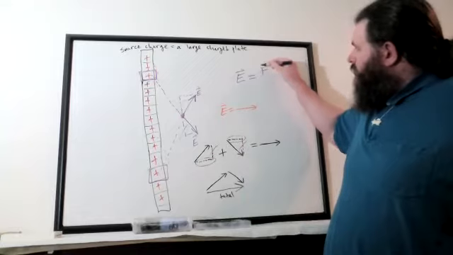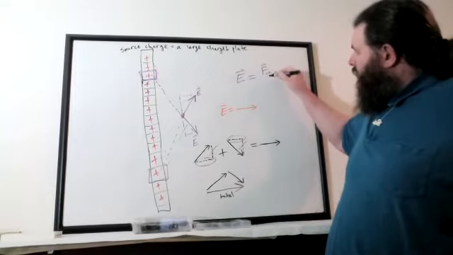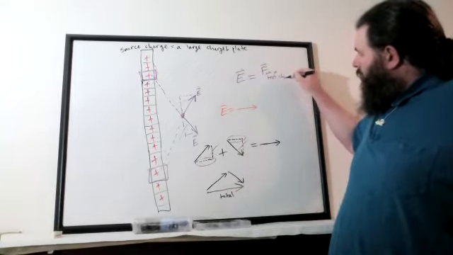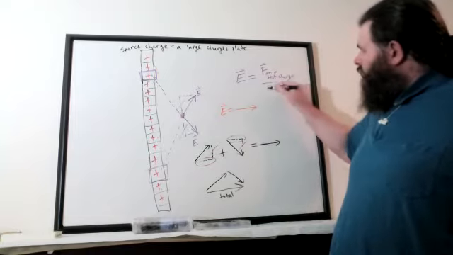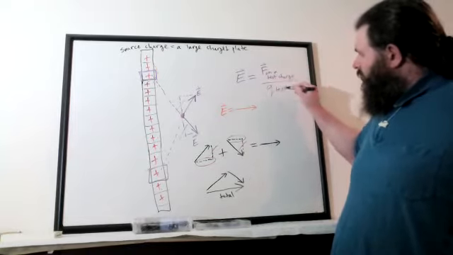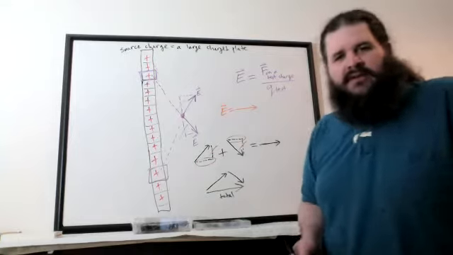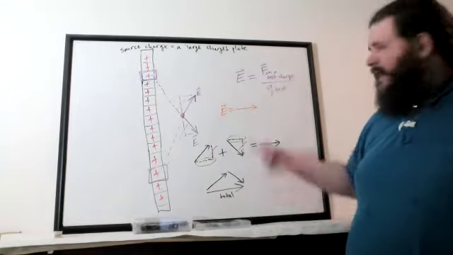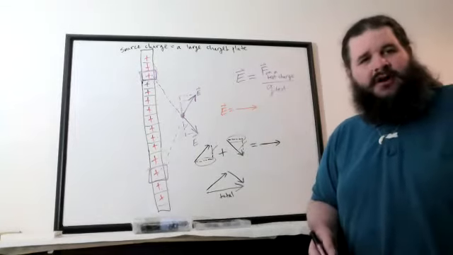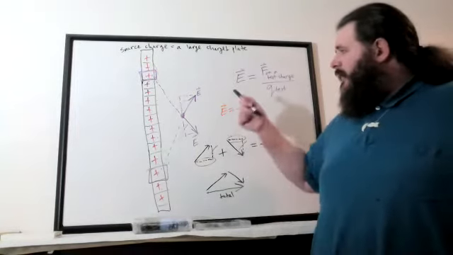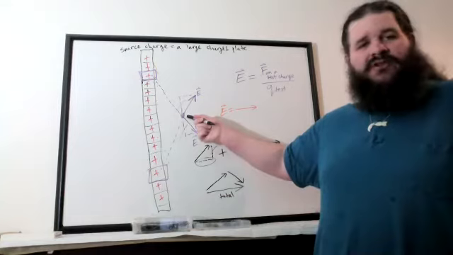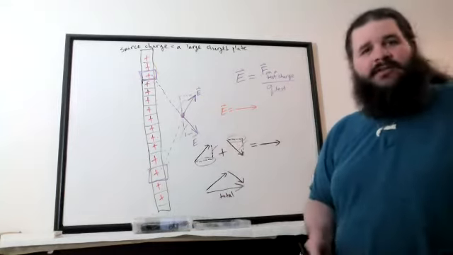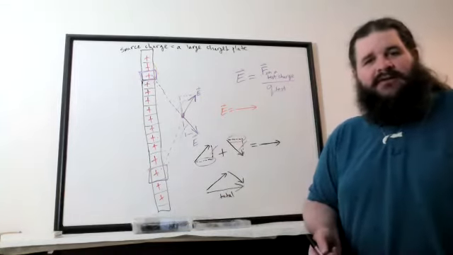And since electric field is the force on a test charge divided by the charge of that test charge, you could think of the electric field vector as the force that would be experienced by exactly 1 coulomb of charge. Like if you put a positive 1 coulomb test charge here, the amount of force it experiences is the numerical value of the electric field.